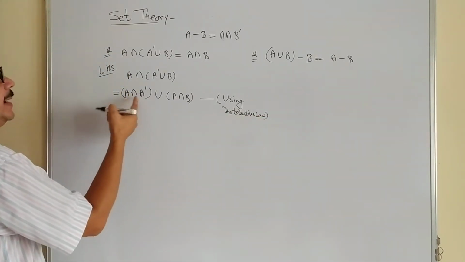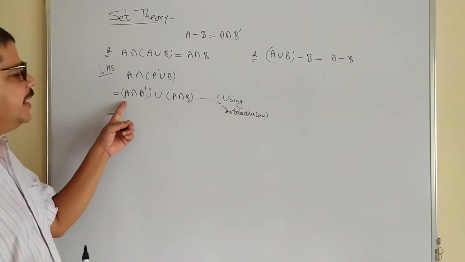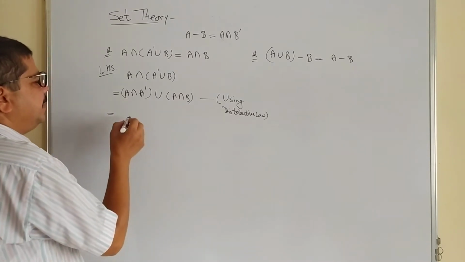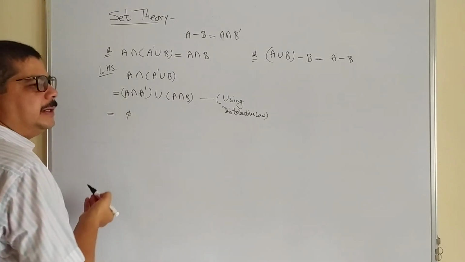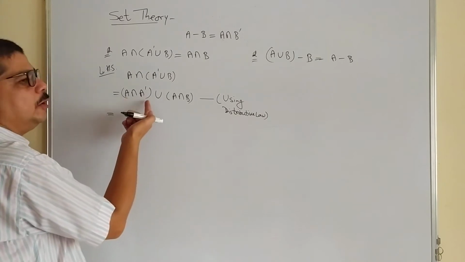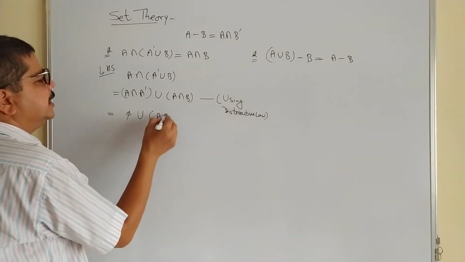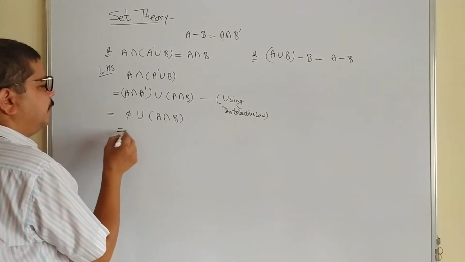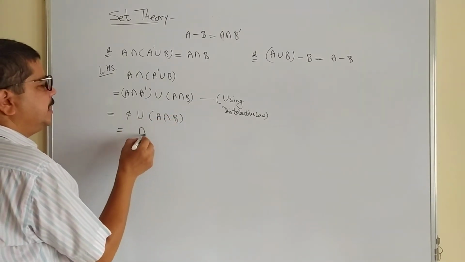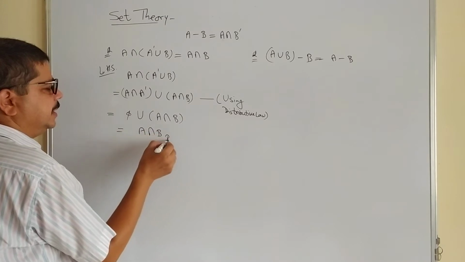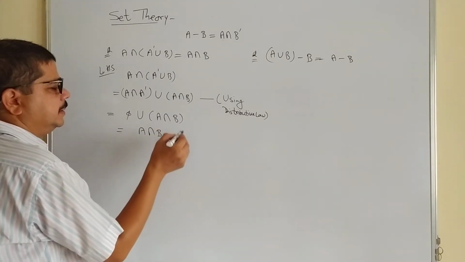Now what A intersection A complement is? A intersection A complement will be phi. Phi union A intersection B will give you A intersection B, and that is right hand side.